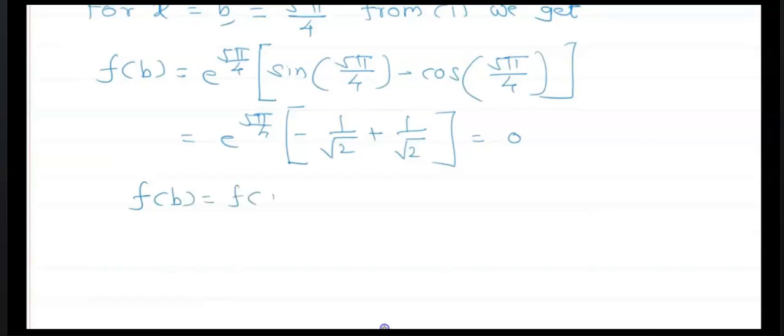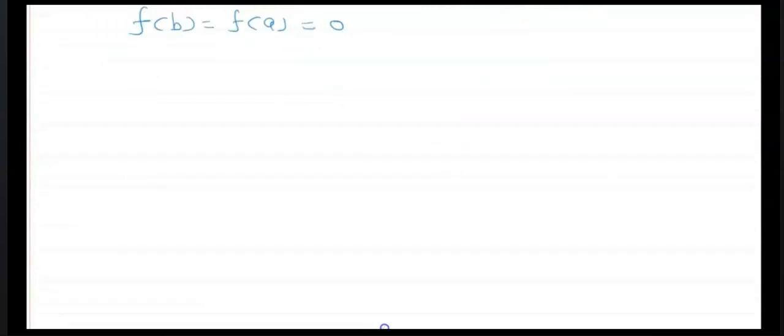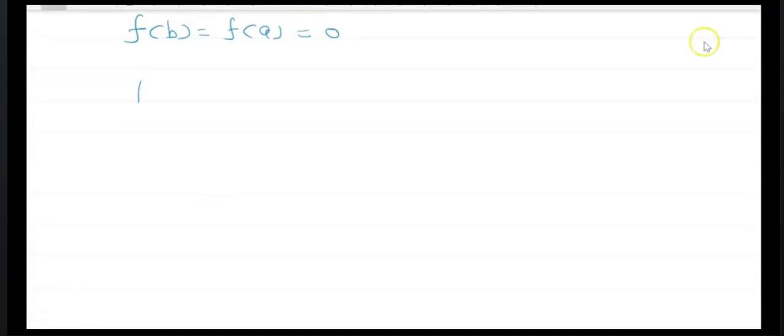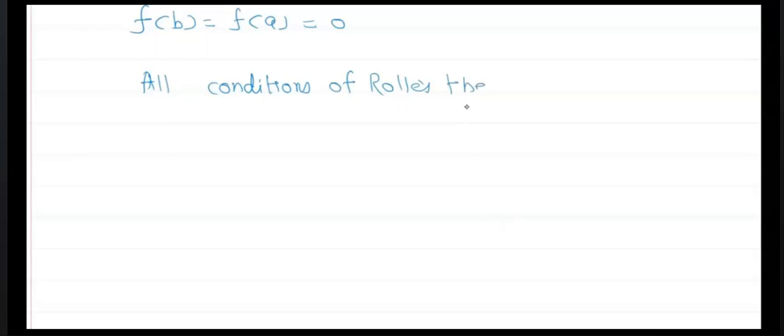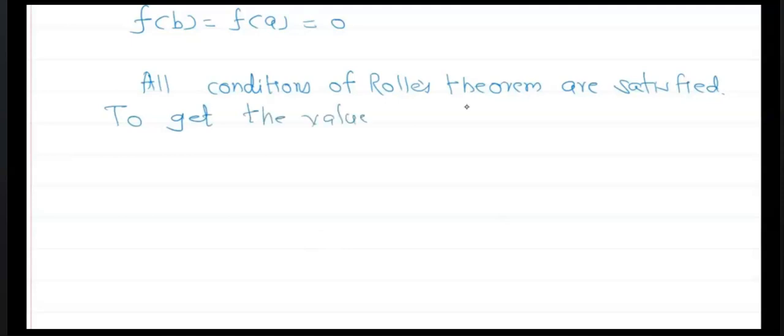So f of b is equal to f of a, that is equal to 0. All conditions of Rolle's theorem are satisfied.